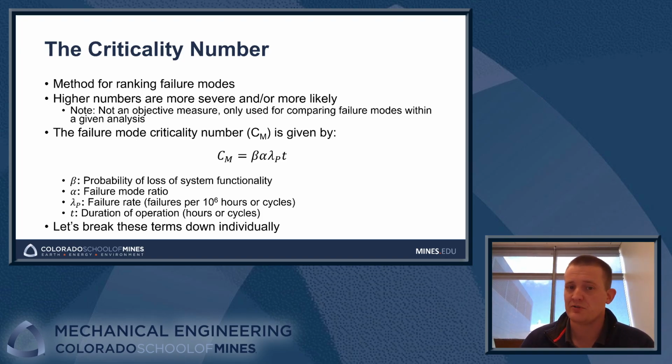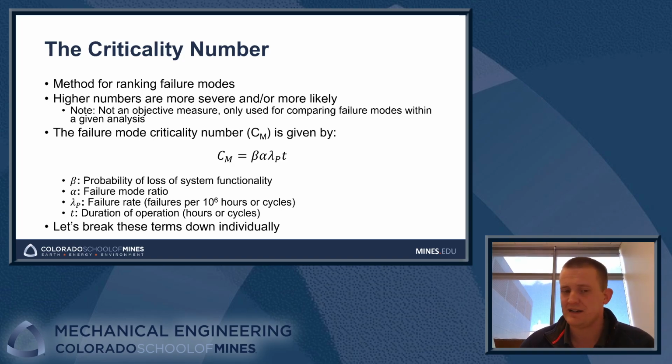But the way we calculate the failure mode criticality number is with this given formula here, where we say Cm equals beta alpha lambda sub p times t. All right, so beta in this is our probability of a loss of system functionality, which we'll talk about. Alpha is what we call the failure mode ratio. Lambda p is our failure rate, so that's how likely a given failure is to occur.